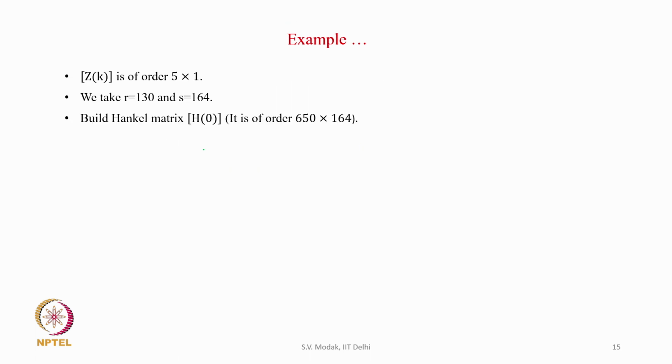In this case we have the matrix of free pulse responses, or matrix of free decay responses. It is of order 5 by 1, because we have one set of excitations applied and the responses are measured at 5 points.